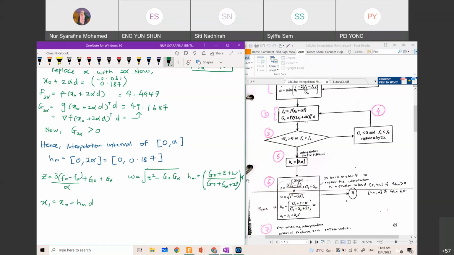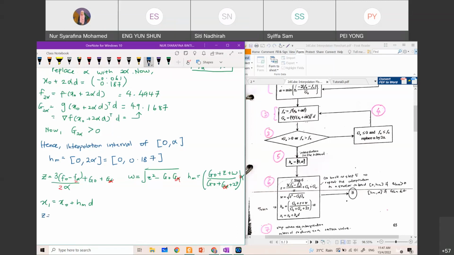So substitute everything. Since here we use 2 alpha, then this is 2 alpha, this is 2 alpha, this is 2 alpha. Just substitute 3 times F0 minus F2 alpha over 2 alpha, because we use 2 alpha here. Now what is your Z?